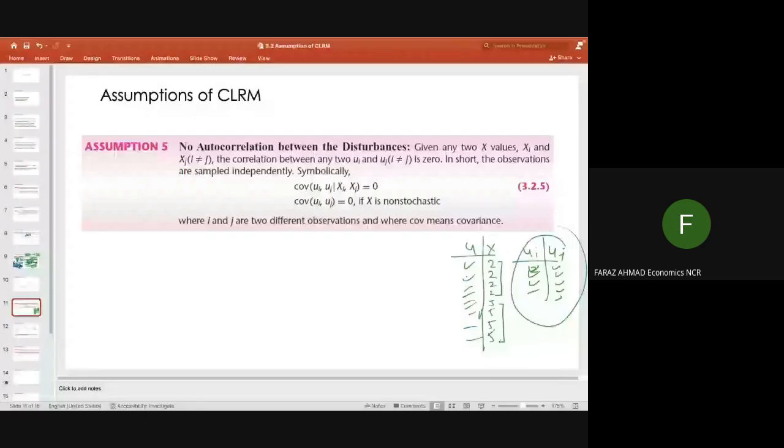And if it is 0, our assumption of no autocorrelation is satisfied. If they turn out to be non-zero, then we will say that we have autocorrelation, right?